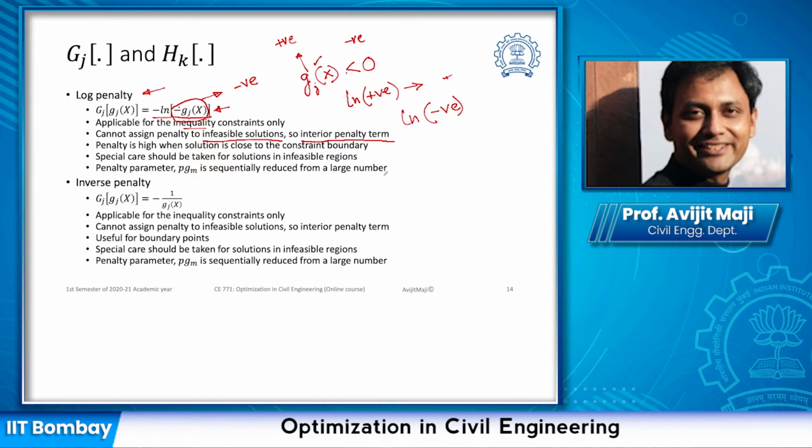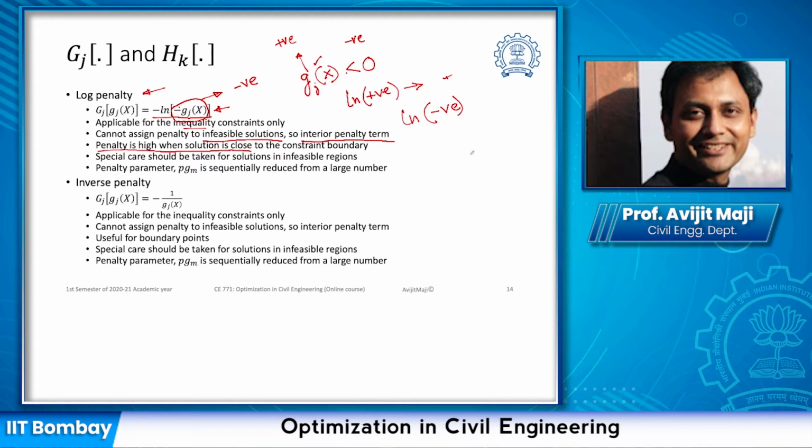And again, if you see, you'll find that the penalty is going to be very high when the solution is close to the constraint boundary. So if this value is very small, which means it is very close to 0, then when we take the natural logarithm, we'll find the penalty value is very high.